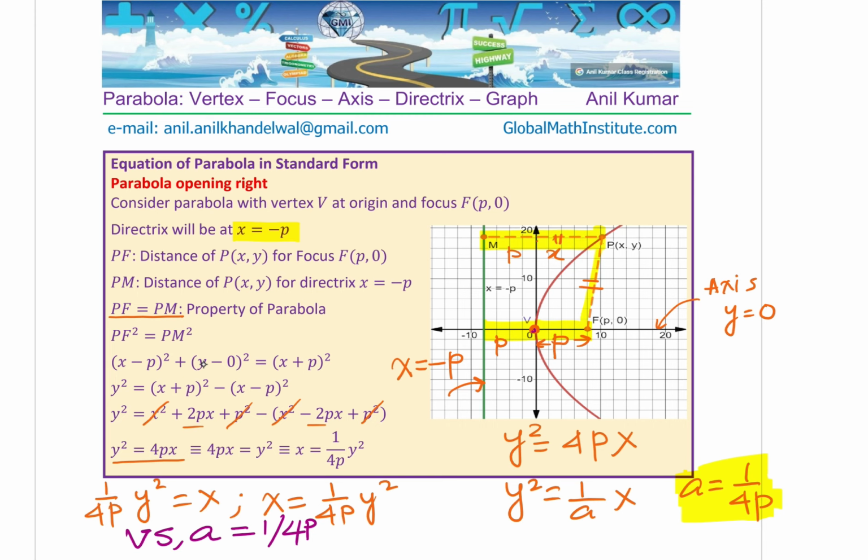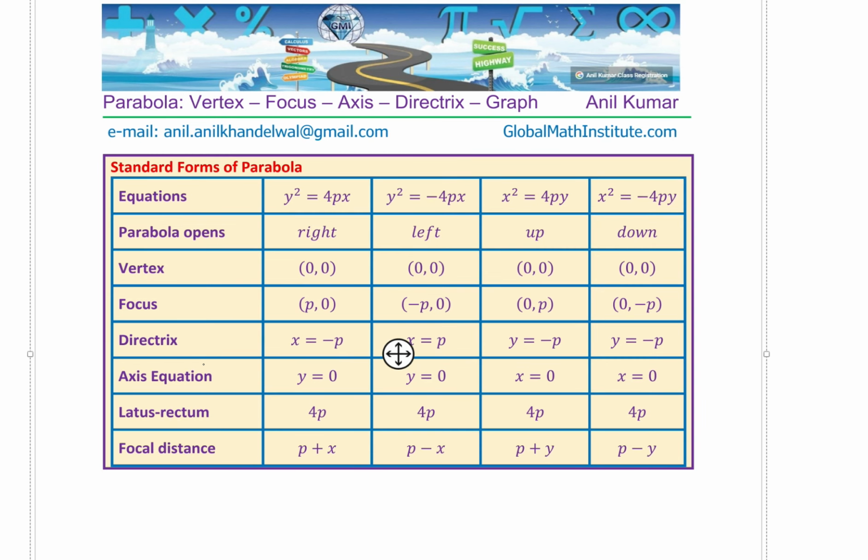Now, as far as parabolas are concerned, we could have four different orientations. Based on that, the standard form of equation, which we derived as y square equals 4px, can be written in four different forms. The first one, y square equals 4px, is the case when the parabola opens right. Now it could open to the left side. In that case, it will be minus 4px.